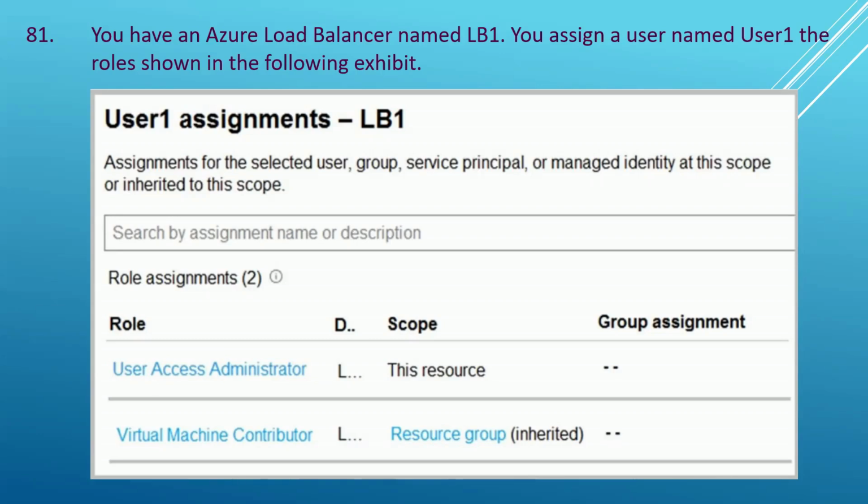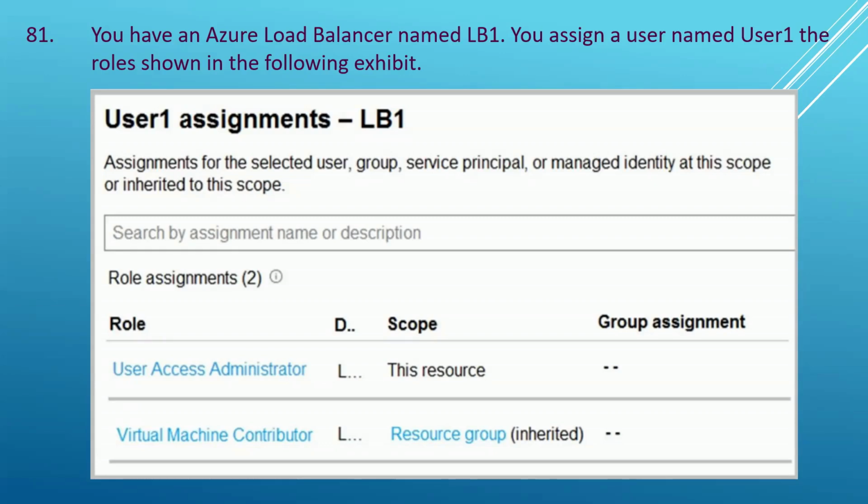Looking at this exhibit, you can see user1 has two roles assigned for LB1, which is user access administrator and virtual machine contributor. User access administrator is directly applied for this resource. As you can see, the scope is this resource, whereas virtual machine contributor is inherited from resource group level.